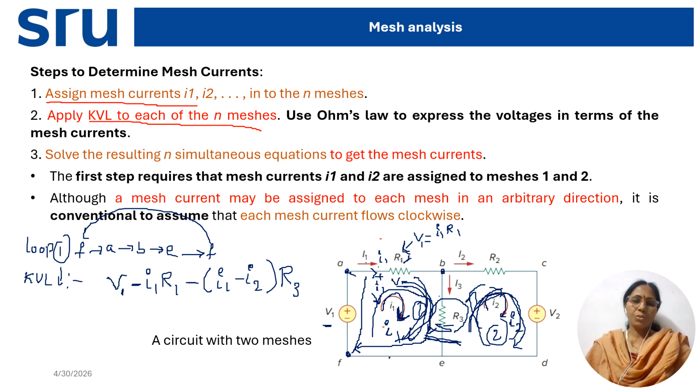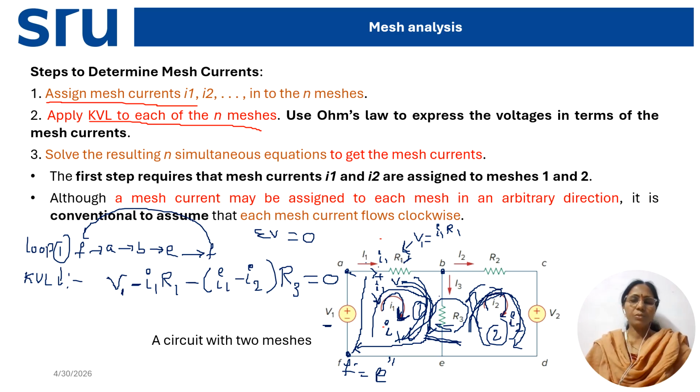F point is the same as E point. No element, so no voltage drop. Now three elements are there, three voltages we got, and the sum equals 0. Algebraic sum of voltages in a closed loop equals 0. So this is our KVL in loop 1.